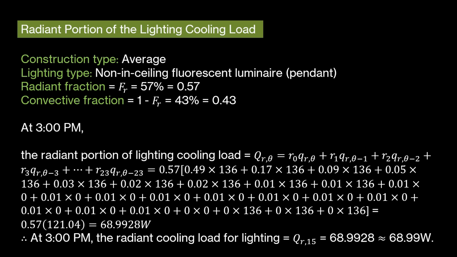So at 3 p.m., this will be equal to 0.57 brackets 0.49 times 136 plus 0.17 times 136 plus 0.09 times 136 plus 0.05 times 136, and so on until we get to the 23rd radiant time factor multiplied by the radiant heat gain 23 hours ago, which is 0 times 136, and that will give us 0.57 times 121.04, which will give us 68.9928 watts, or 68.99 watts approximately.